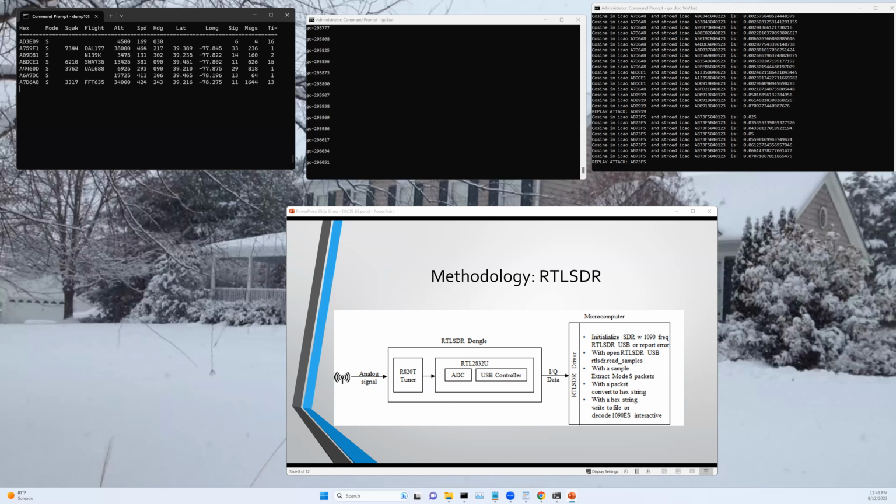The software digital signal processing on the microcomputer can then process the IQ data as appropriate. The approach used with the RTL2832 provides the authors with either IQ data or hexadecimal messages processed from the IQ data. We use the processed hexadecimal messages.